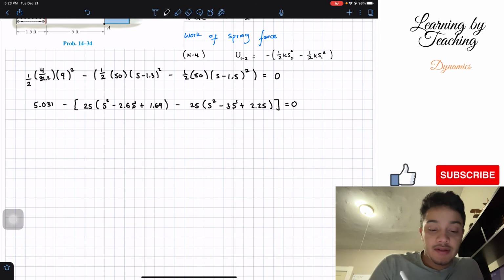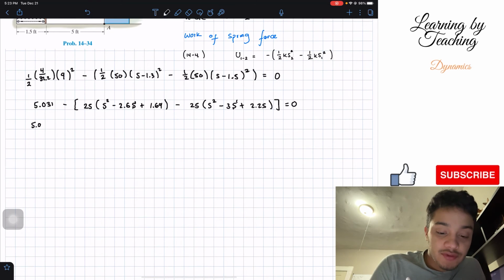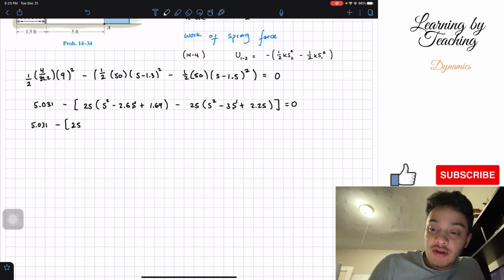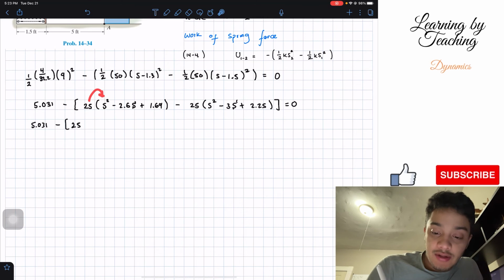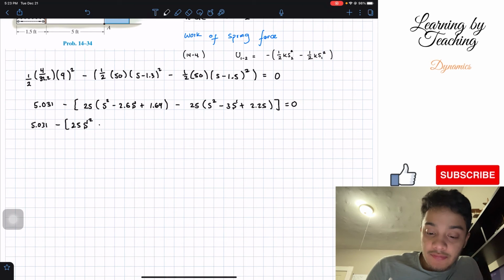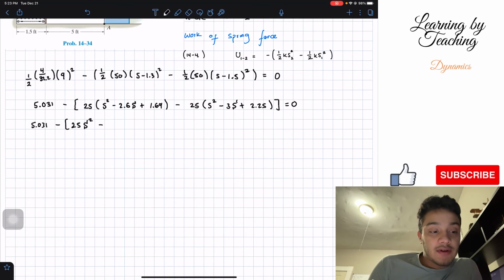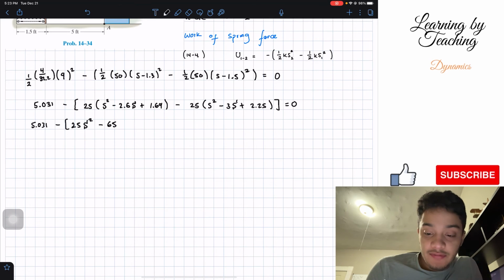Let's keep simplifying this problem. So we got 5.031 minus, and then we will have 25. So now we have to distribute the 25 with our parentheses. So we'll have 25s squared. Then we will have minus 25 multiplied by 2.6 will give me negative 65s. And we will have plus 42.25.